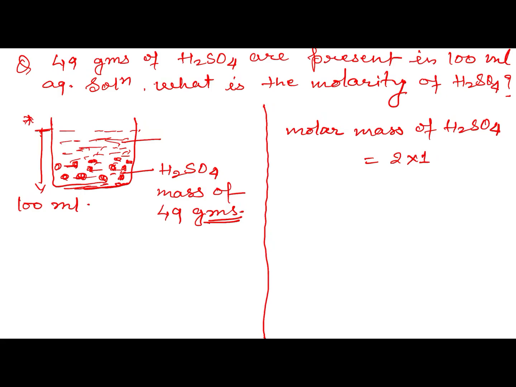Atomic mass of hydrogen is 1 and 2 atoms are present here, plus atomic mass of sulfur is 32, plus atomic mass of oxygen, 4 oxygen atoms are 64, equal to 2 plus 32 plus 64, that is 98 gram per mole.